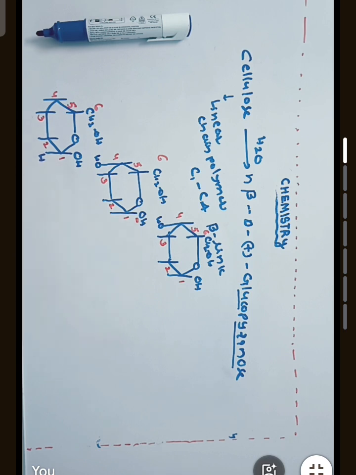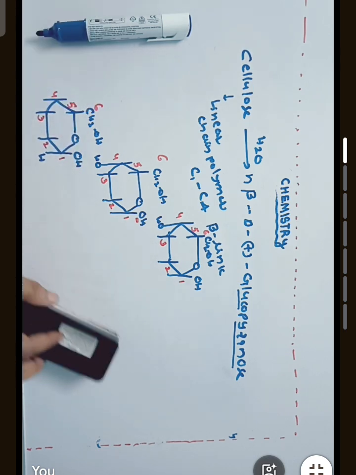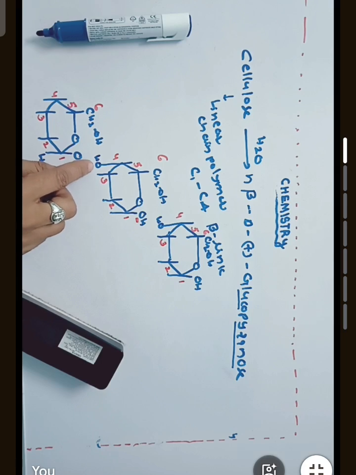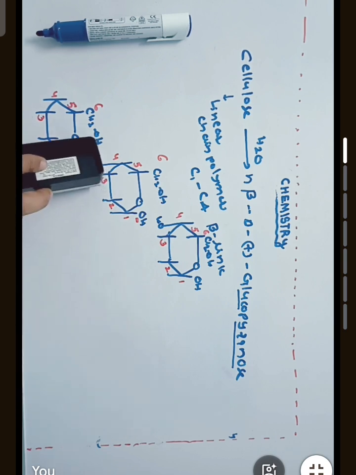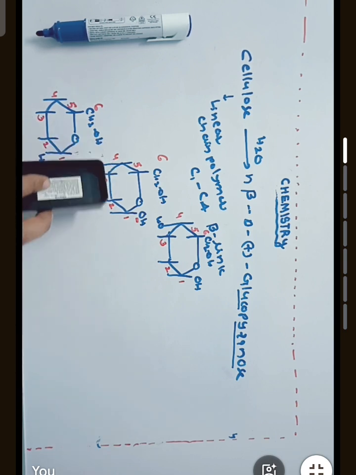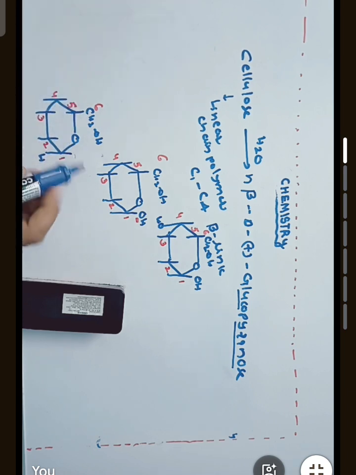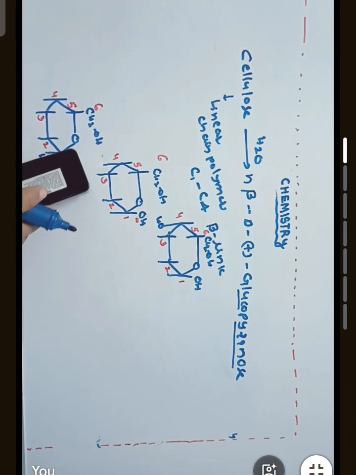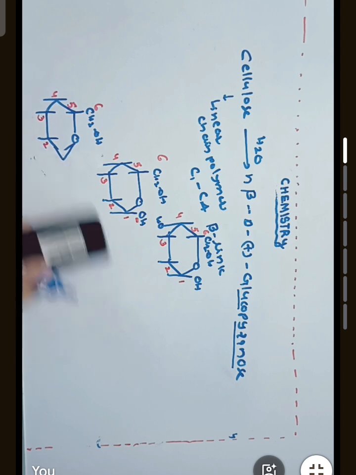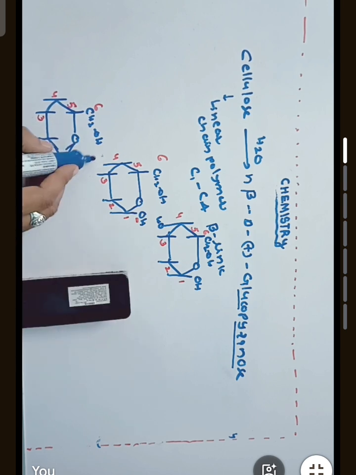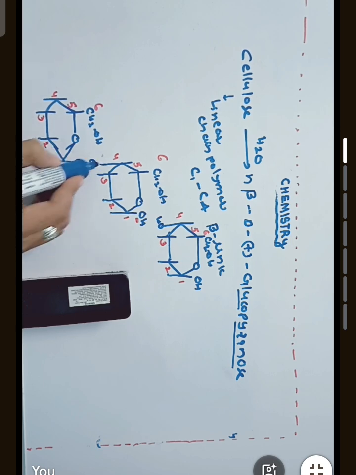See clearly. Here, C1 C4 linkage means the fourth carbon OH group and the anomeric carbon OH group. With removal of a water molecule, we are left with the oxygen atom. Here the oxygen atom is present. Just bend the structure a little. When the water molecule is removed between two monomers, an oxygen atom is present here.